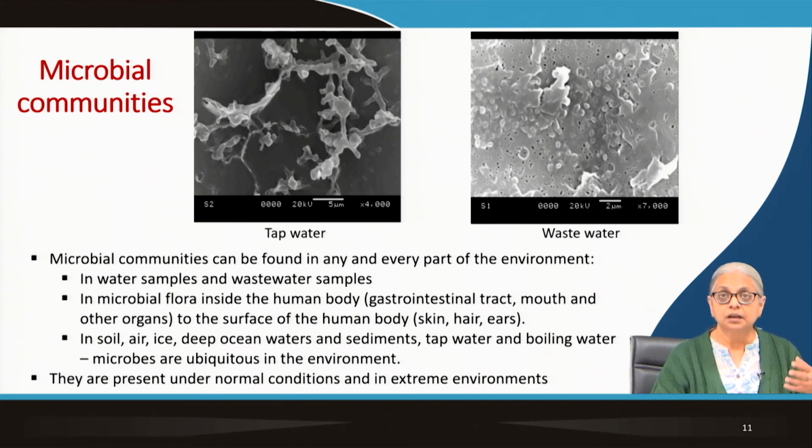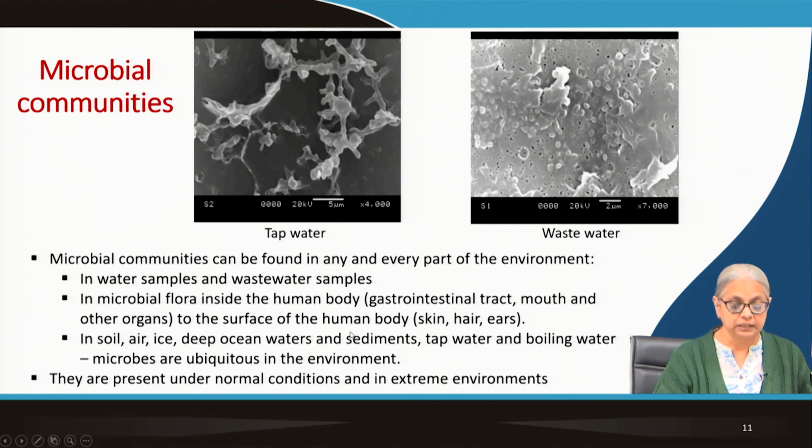Yogurt or dahi is considered a probiotic because it provides beneficial microorganisms which are actually helpful in digesting lactose, which is milk sugar. So it's not just outside the body that is full of microorganisms, but also within the body. They exist in the gastrointestinal tract, the mouth, and other organs of the body, the skin, hair, ears, and so on.